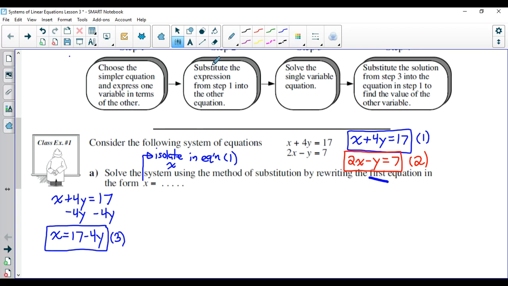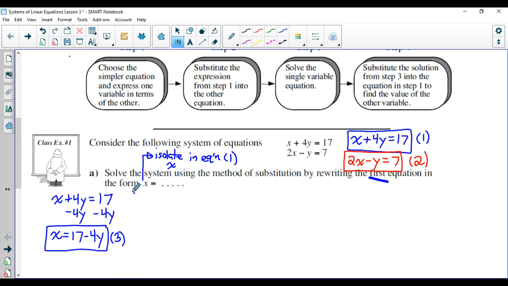Now, step 2 says substitute the expression from step 1 into the other equation. So what I'm going to do is take equation 3 and throw it into equation number 2.